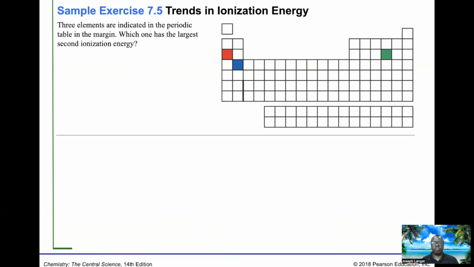All right. You don't know which elements those are, but based on the periods and the rows, this is group 1, this is group 2, this is group 6A, group 1A, 2A. So if we are removing the first ionization energy, that means we are done with the one valence electron, and the next one will be a core electron. Remember what we said about the core electron right here.